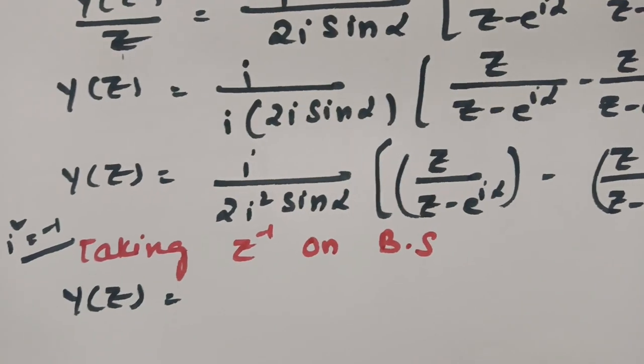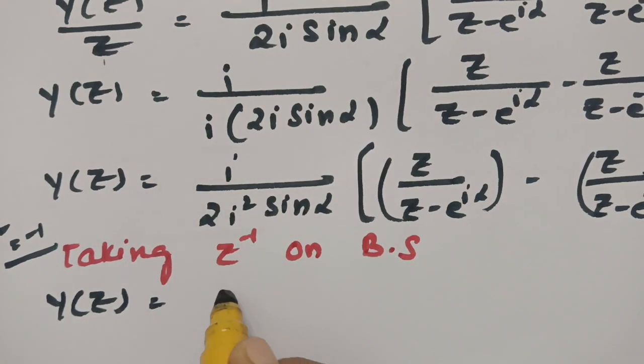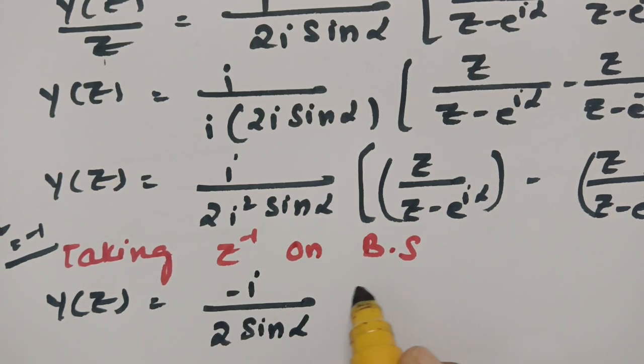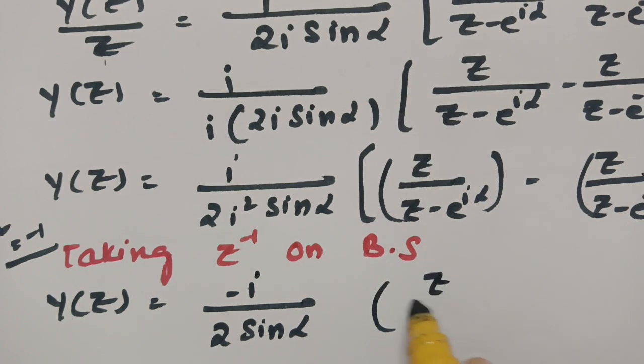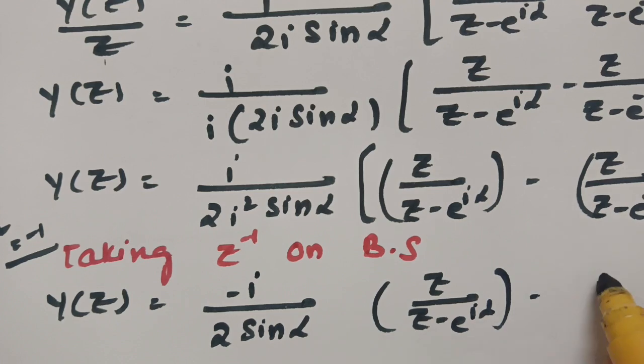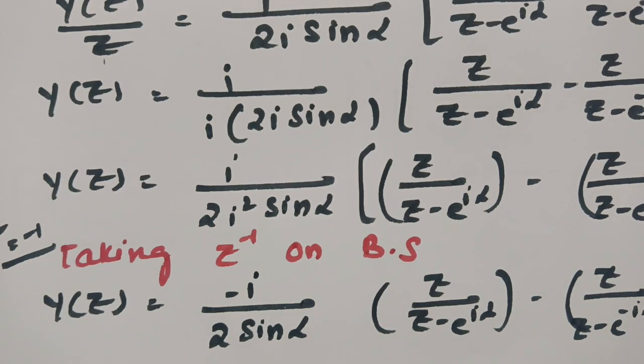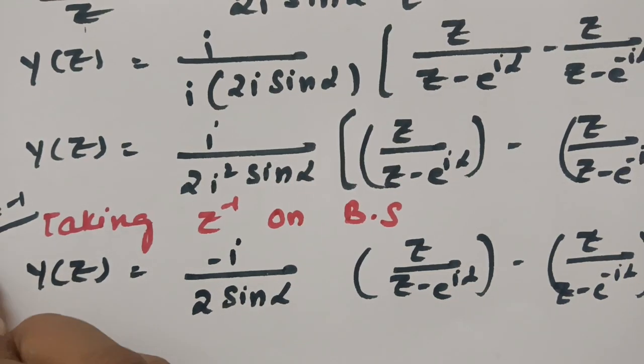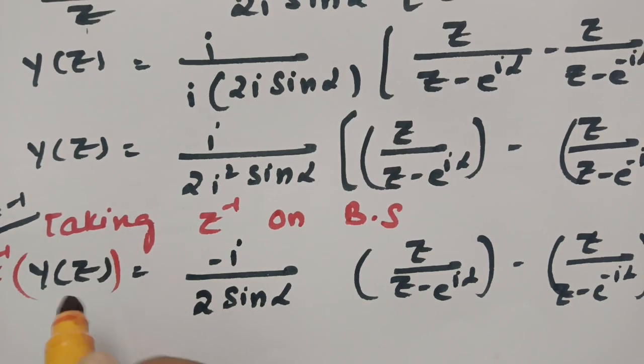I square value is minus 1. If I substitute and send i to the numerator, this is minus i by 2 sine alpha into z by z minus e power i alpha minus z by z minus e power minus i alpha. So if I give z inverse on both sides, this will be z inverse of this one.